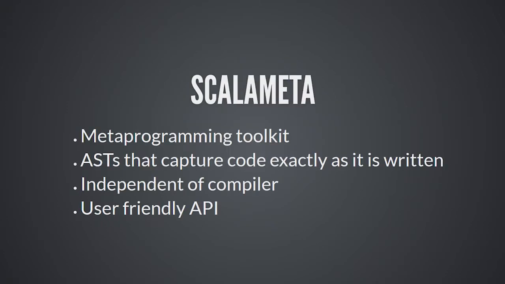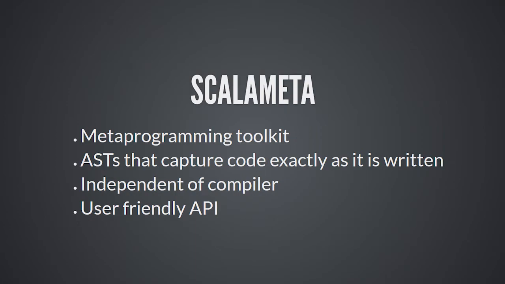So, for those of you who haven't heard about it, ScalaMeta is a meta-programming toolkit for Scala, and one of its killer features is abstract syntax trees. But unlike the abstract syntax trees from the presentation compiler, they capture really every detail of your source code. They capture comments, they capture the formatting.